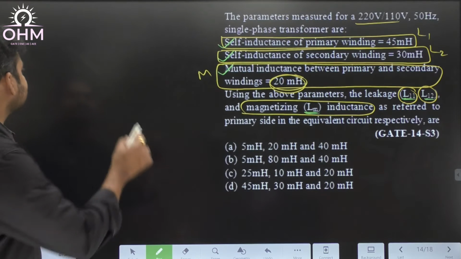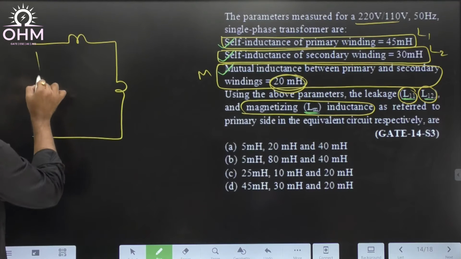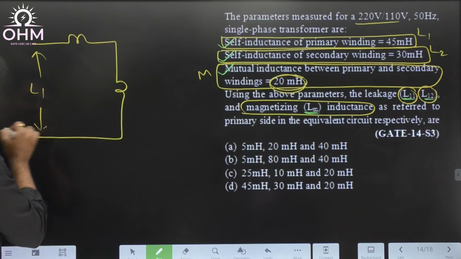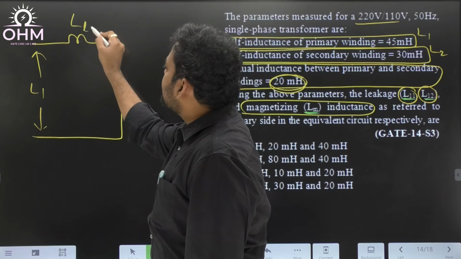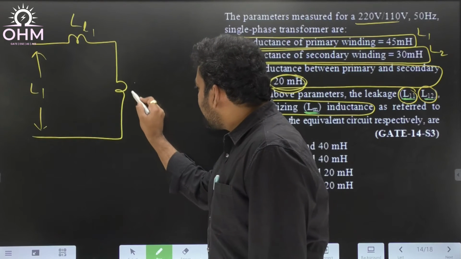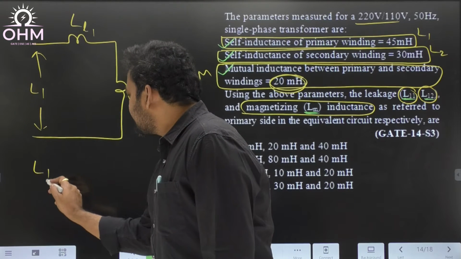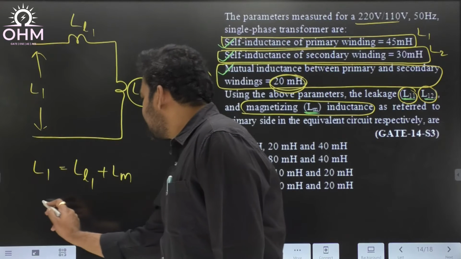To find out magnetizing inductance, you just draw the primary side. Yes, everything we have to find out referred to primary. So this is the total inductance on primary L1. This is the leakage inductance on primary L1. This is the magnetizing inductance on primary Lm. So what is the total inductance? L1 is equal to leakage inductance plus magnetizing inductance.